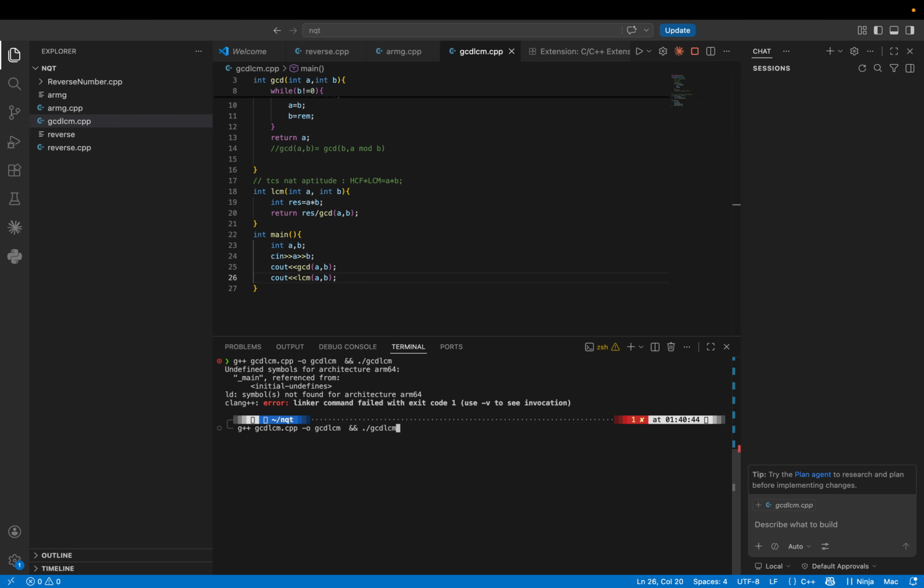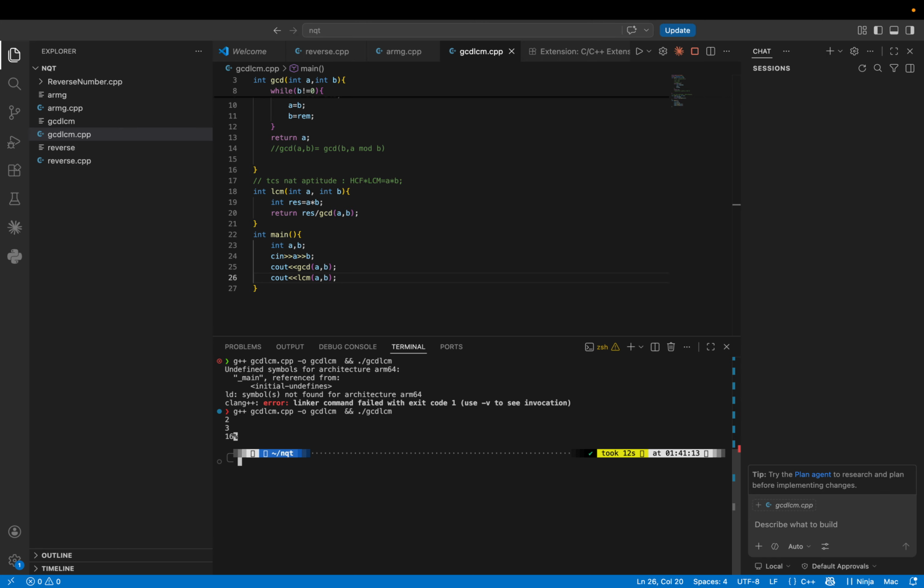GCD LCM dot CPP. It's not even possible. Add a line. Okay, I got carried away.